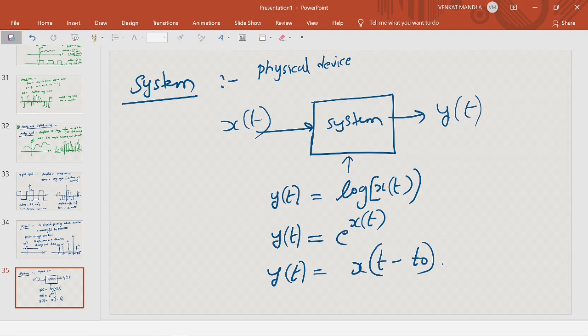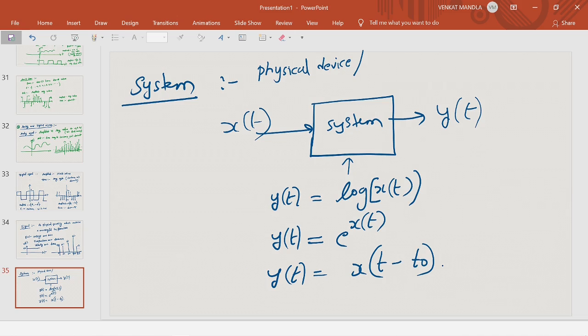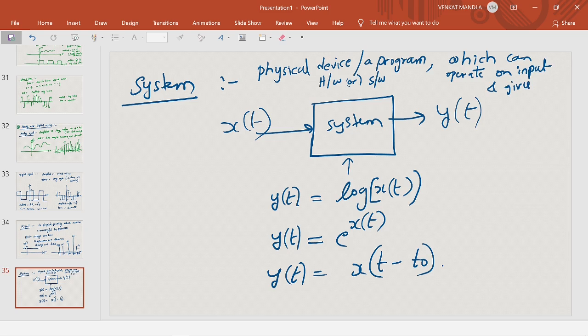So a physical device or a program, which I will say a hardware or a software, which can operate on input and gives output.